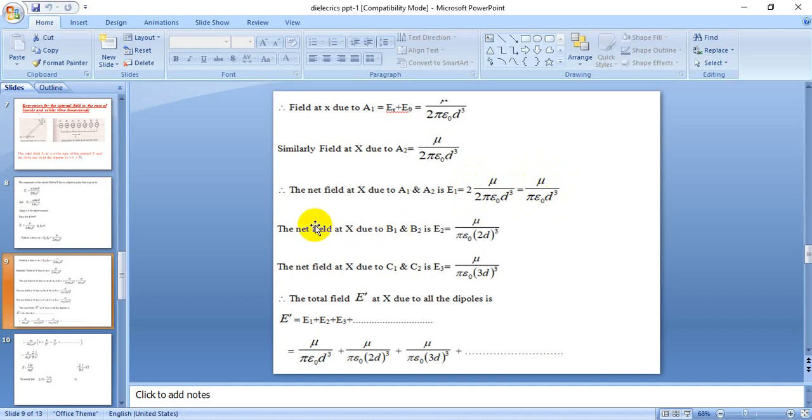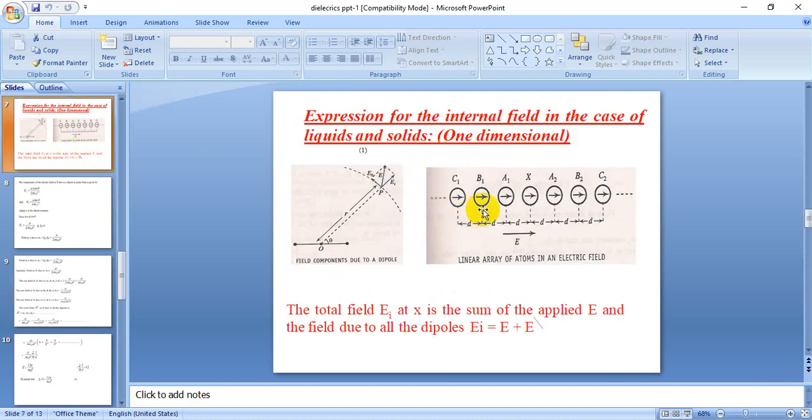The same way, we are going to find the net field at x due to B1 and B2 also. So for B1 and B2, go to the diagram again. Where is B1? B1 is at a distance 2d from x, and similarly B2 is at a distance 2d. So when you write the net field due to B1 and B2, you need to write the same formula with 2d.